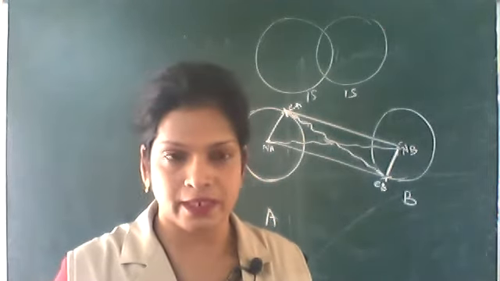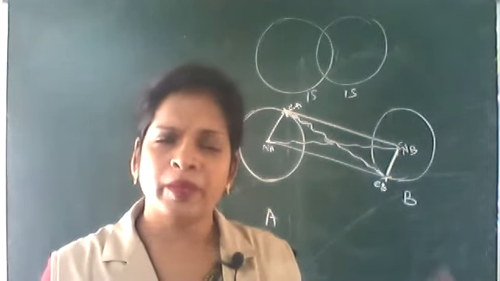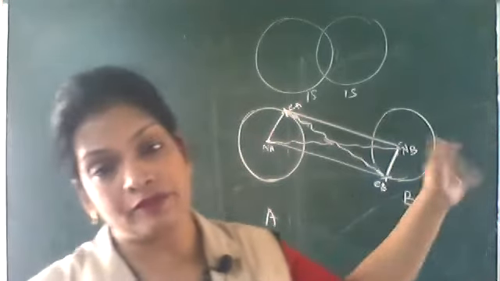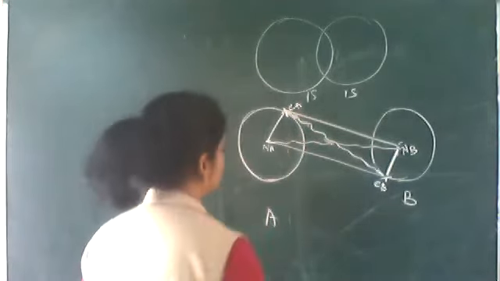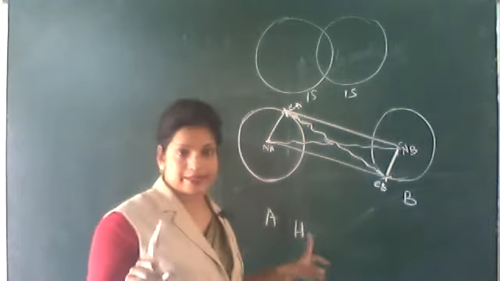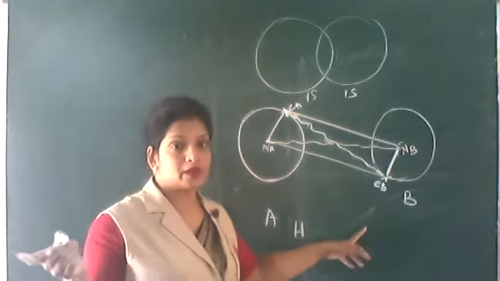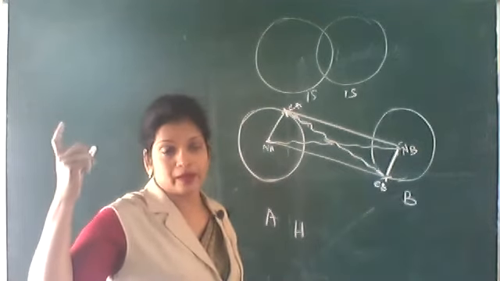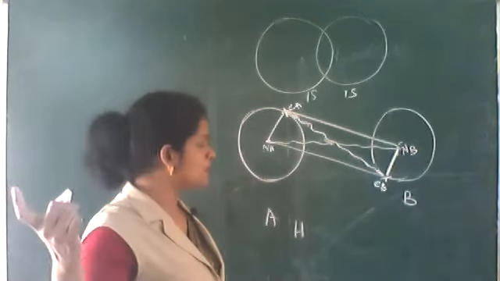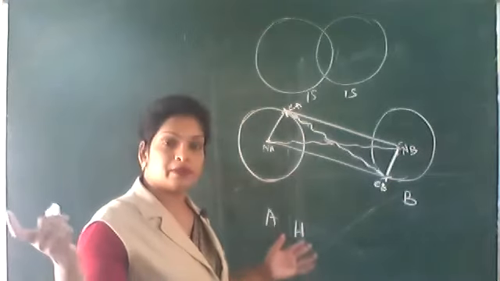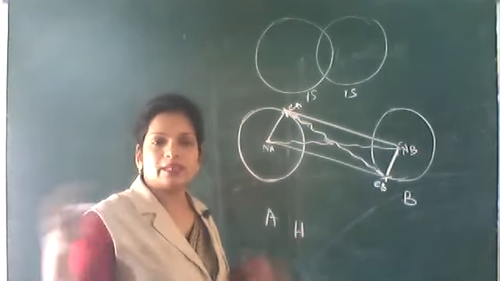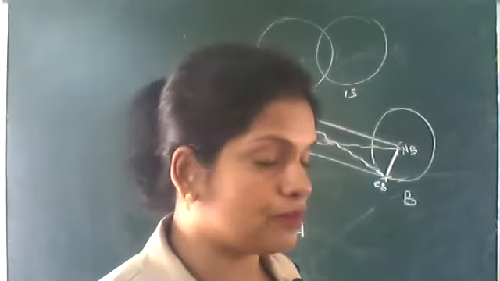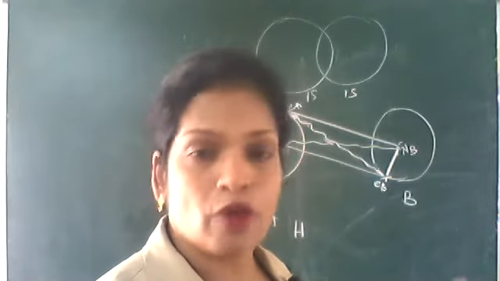Maybe a 1s orbital may be overlapping with the p orbital of the other, for example hydrogen and chlorine. Hydrogen has a 1s orbital, but chlorine's valence shell contains p orbitals. So these p orbitals will be overlapping with the s orbital. So what types of overlapping are possible? Let's see what types of overlapping form the bond.